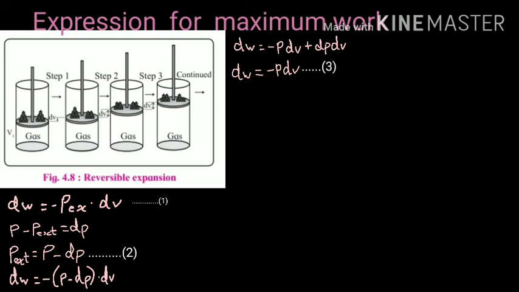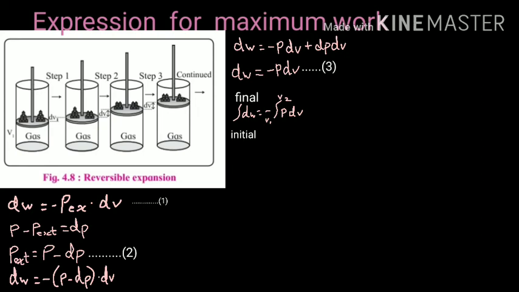Also, this gives the total amount of work done in change of volume from V1 to V2 during the expansion. Hence, we get integrating between initial and final of dW is equal to, we are going to remove the minus sign out and further integrate from V1 to V2 PdV.